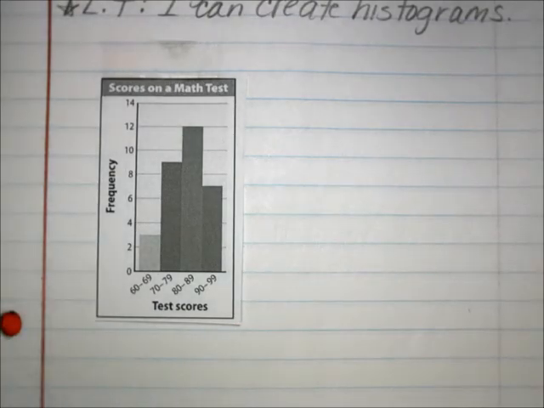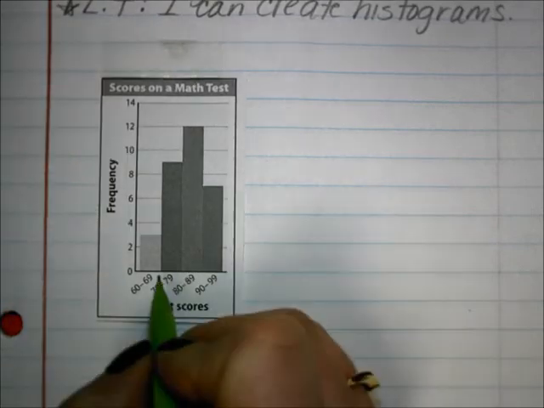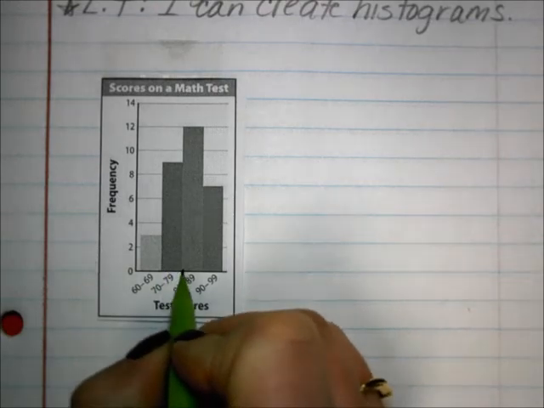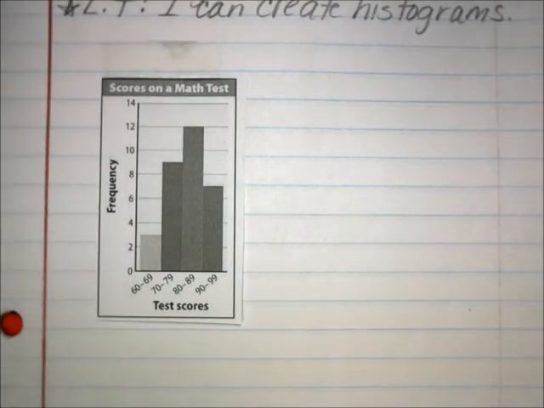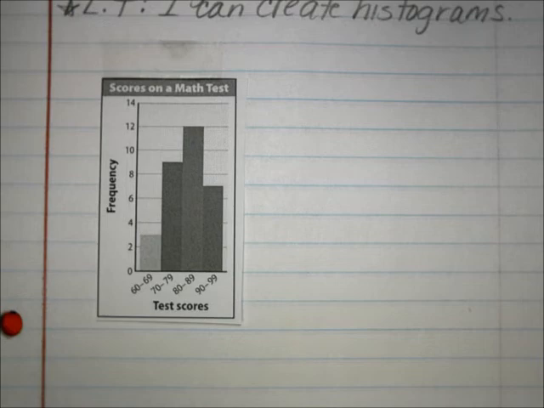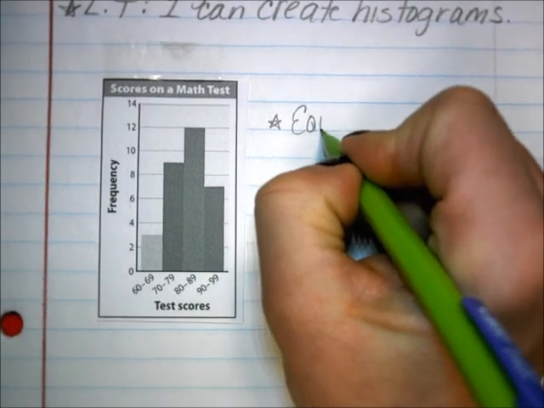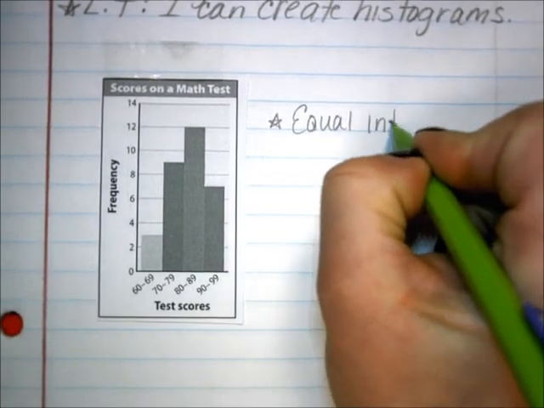Now, one of the big things that you have to remember about a histogram is that the bars have to be created equal width. So when you draw it, they should be represented with the same width. The reason that they're the same width is because they also have to represent equal intervals. So it's important that we use equal intervals.